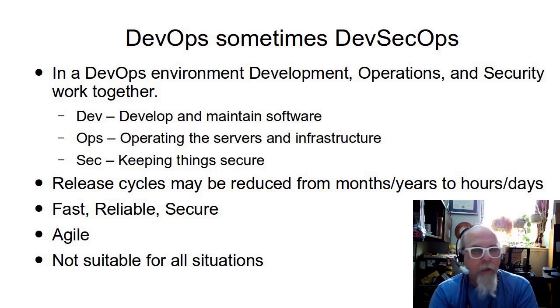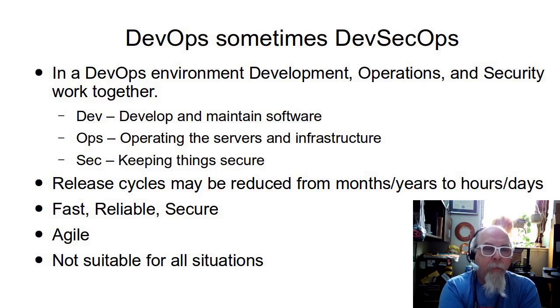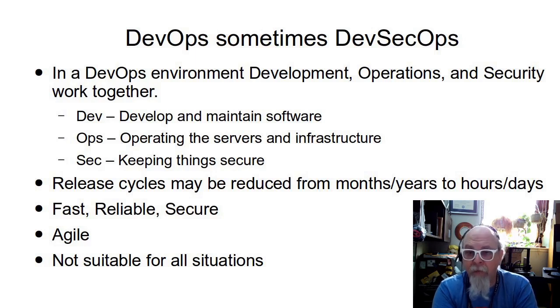daily, weekly, semi-monthly. So in DevOps, developers, operators, and security all work together to reduce the cycles of software releases from months to years between software releases to daily or even hourly software releases to fix the bugs and to keep things moving forward and to keep getting the features out in the user's hands.